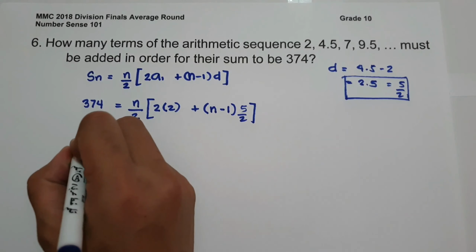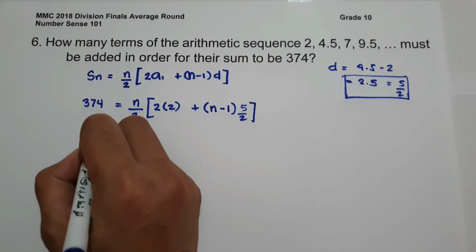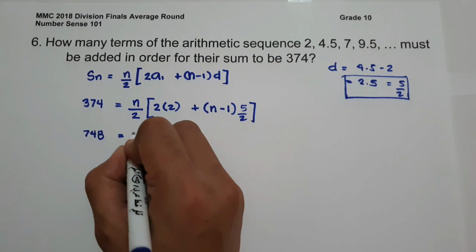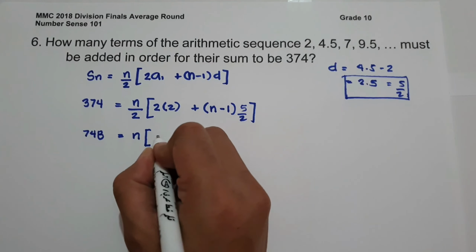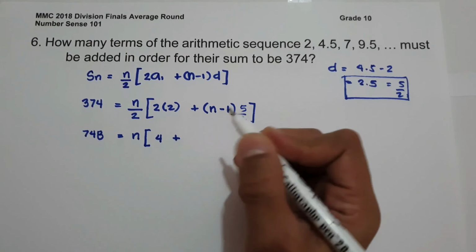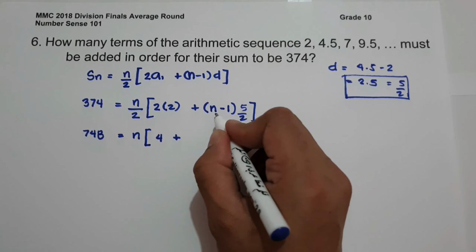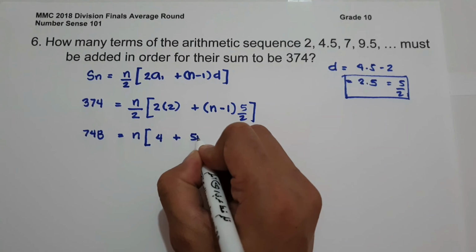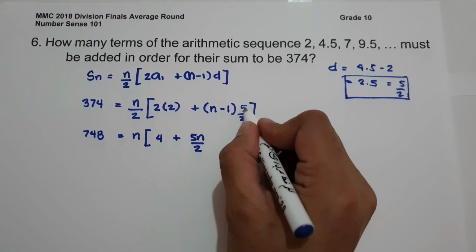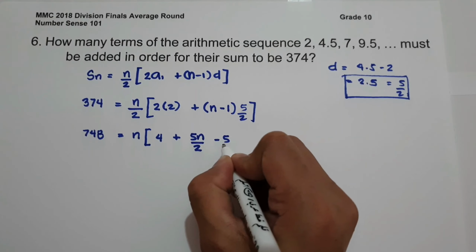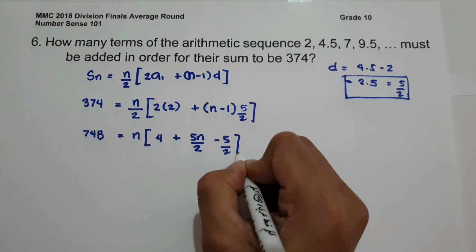It will give us 748 equals n multiplied by 2 times 2, that is 4, plus 5 over 2 times n, that is 5n over 2. And then negative 1 times 5 over 2, that is negative 5 over 2.